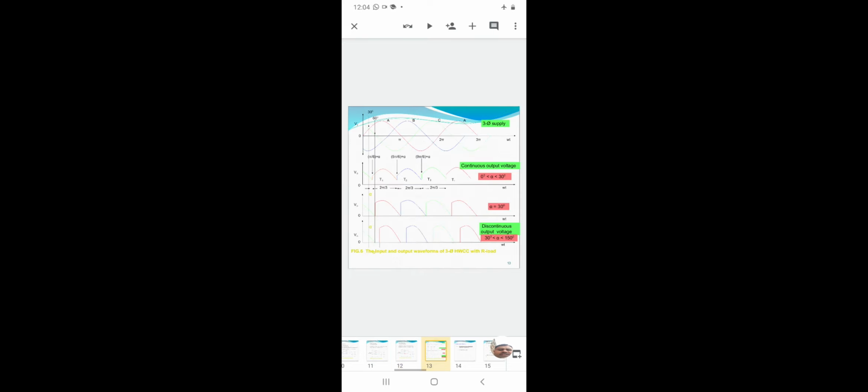Next time interval, 9 pi by 6 plus alpha. For phase C, the thyristor starts conducting at 9 pi by 6 plus alpha, when the firing pulse is given, with a delay angle of alpha.